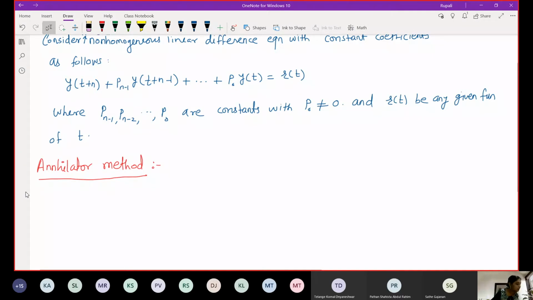Okay, so we will give the equation number. It is given as 3.9.